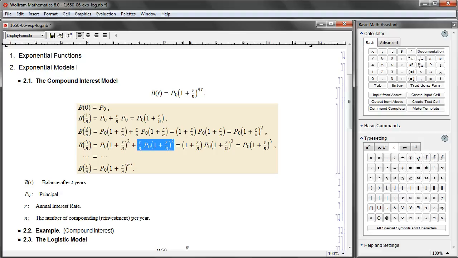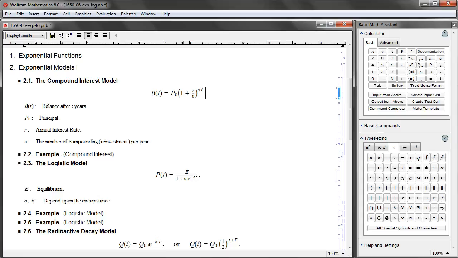Factor out P0 times 1 plus R over N squared and do further manipulation. We have the third power. And okay, the pattern is really clear. Just keep doing it over and over again. And in general, we're going to get this formula, which is something we wanted in the first place. So what did we do? As a matter of fact, we proved this formula.